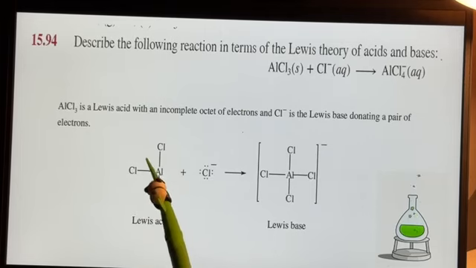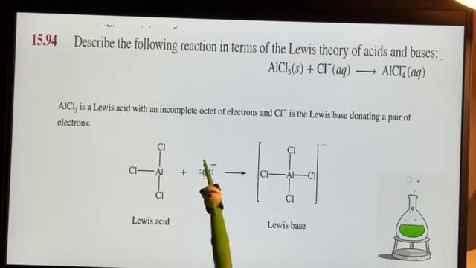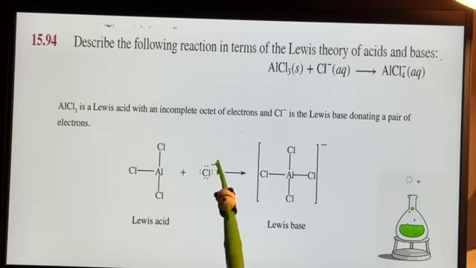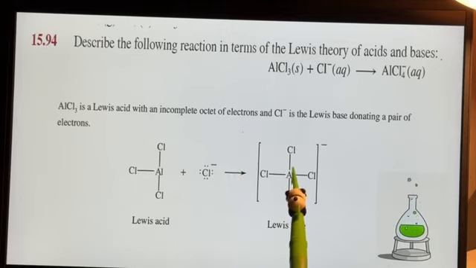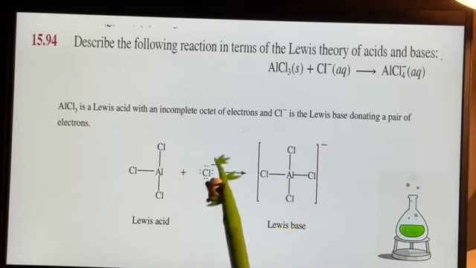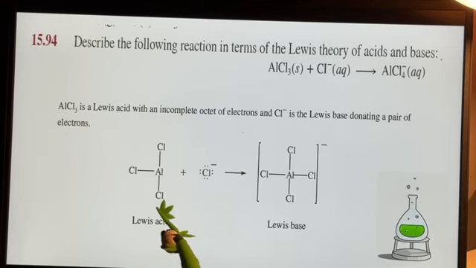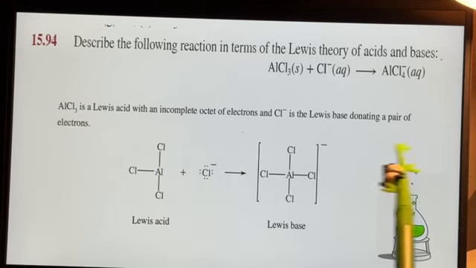So it is acting as a Lewis acid because it is deficient in electrons. It can easily gain a pair of electrons from Cl minus ion, forming AlCl4 minus. So Cl minus acts as a Lewis base and AlCl3 is acting as a Lewis acid.